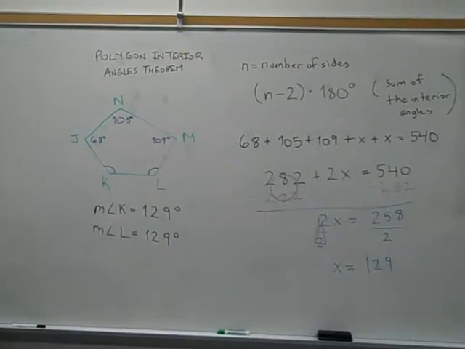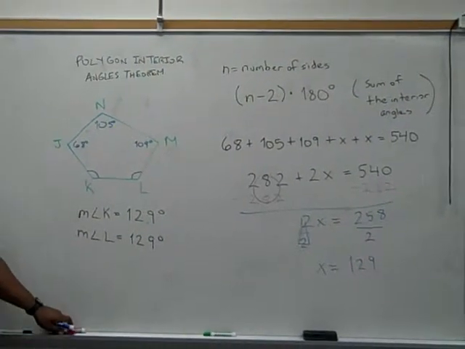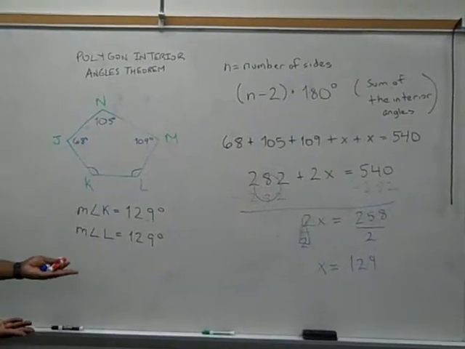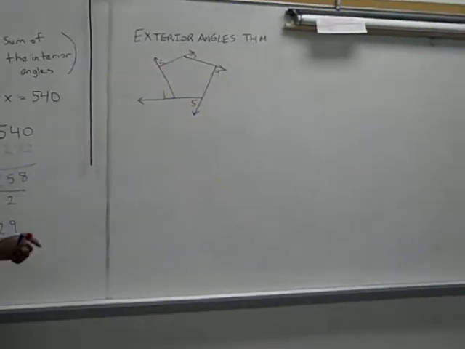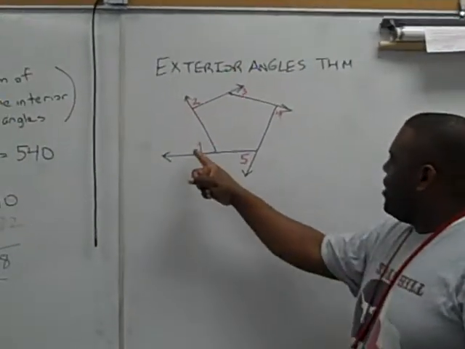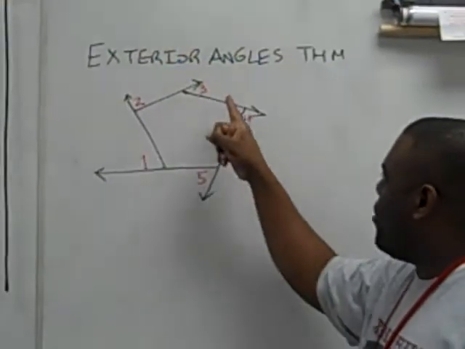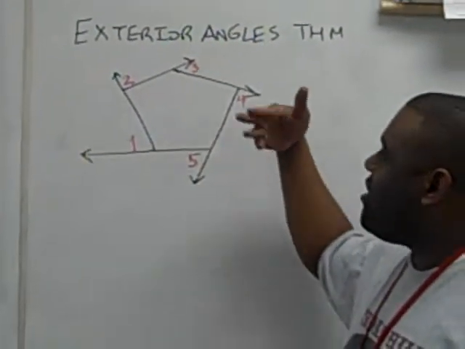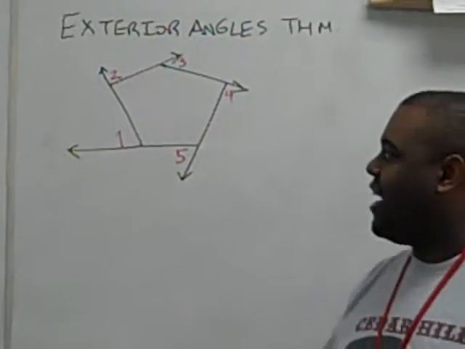Now, let's say that we want to talk about exterior angles, because we've already done enough with the interior angles. So let's say we talk about exterior angles. Follow me. We have this shape right here. Again, you will see that I've numbered some angles around, but also notice that I've shown it with the exterior angles, because remember, exterior means outside.